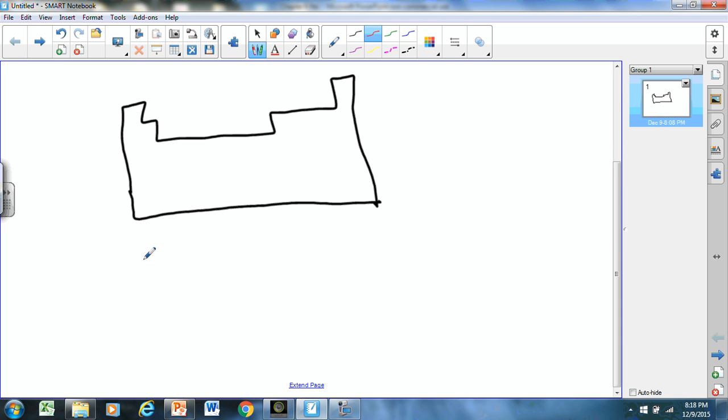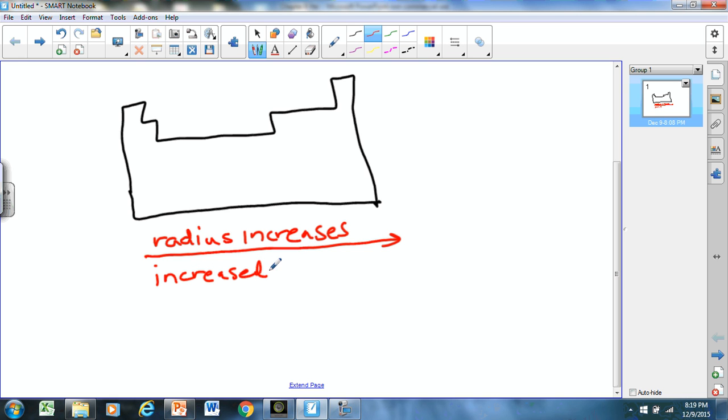Okay, now as you go across, this is review. As you go across from left to right, I told you on Monday that the radius increases. And the reason why the radius increases is because as you go from left to right, you have increasing effective nuclear charge.